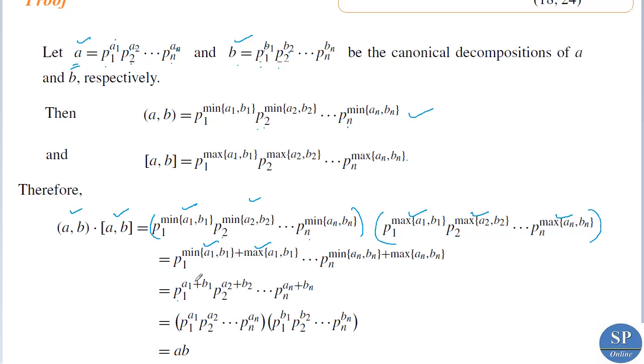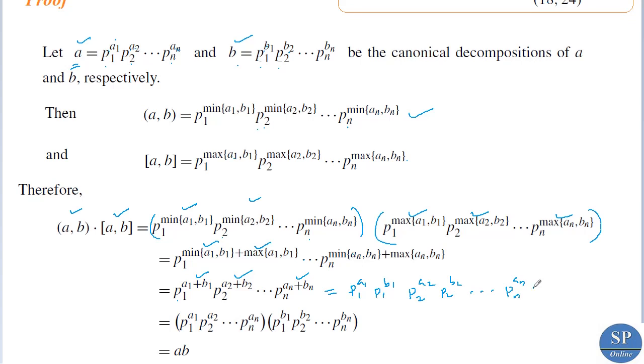Now if b1 is the minimum, then a1 will be the maximum, so then also we get b1 plus a1, that is a1 plus b1. So we have p1 power a1 plus b1, p2 power a2 plus b2, etc., into pn power an plus bn. This can be written as p1 power a1 into p1 power b1, p2 power a2 into p2 power b2, into etc.